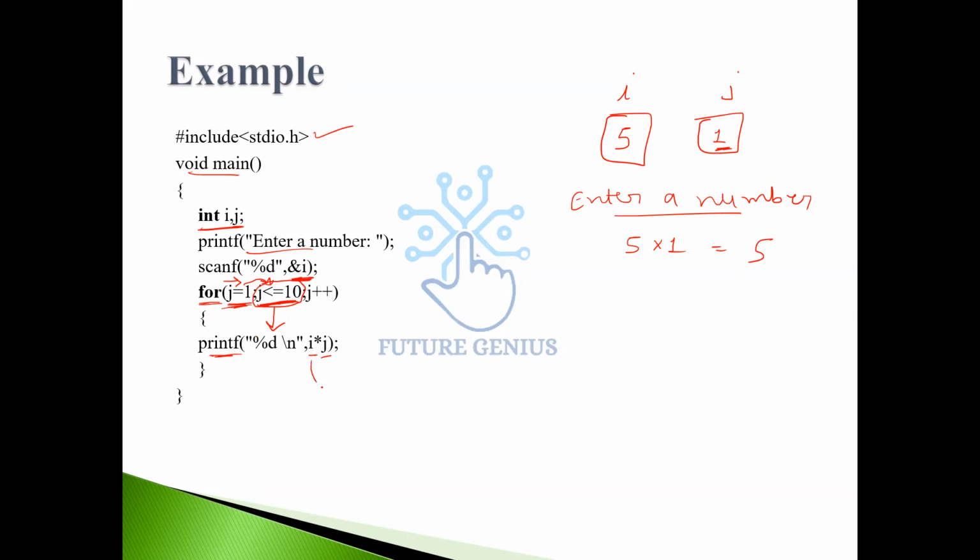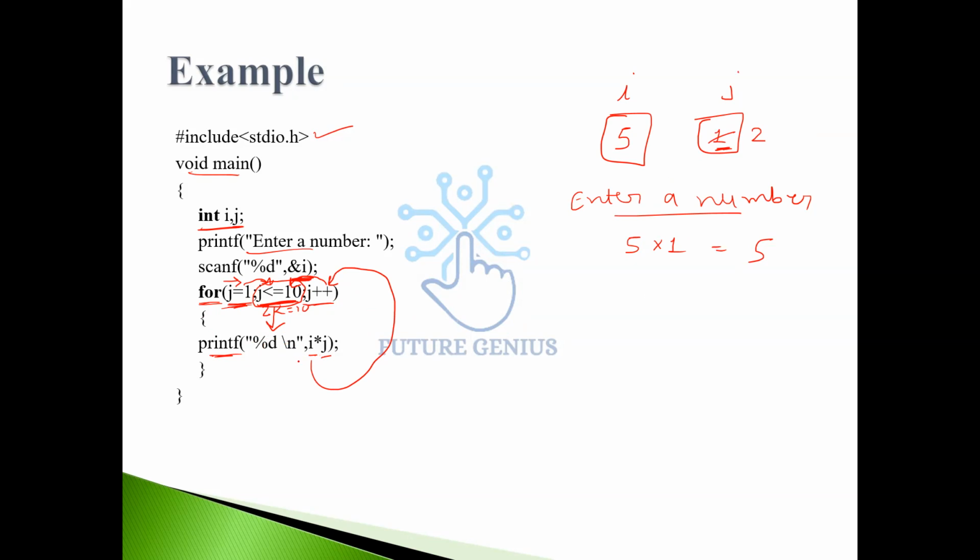Now it goes like this, because looping is a cycle. It will increment the value of j with the help of the j plus plus operator, so the value of j becomes 2. Now it will check the condition again. Is 2 less than or equal to 10? Yes, the condition is true.